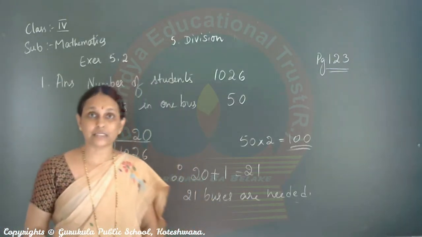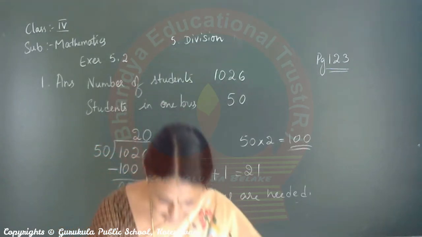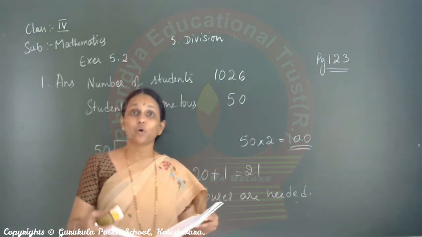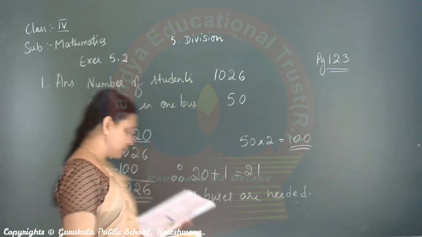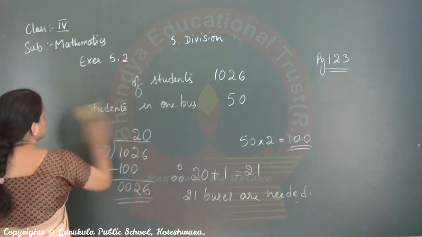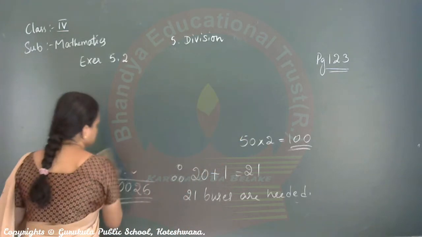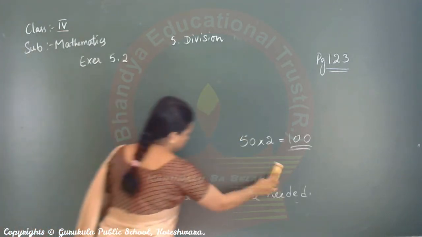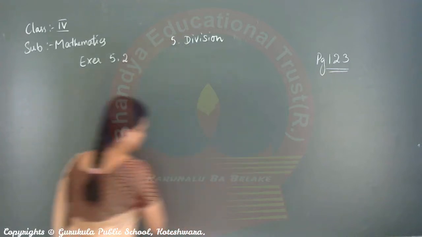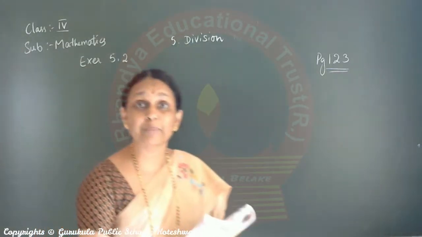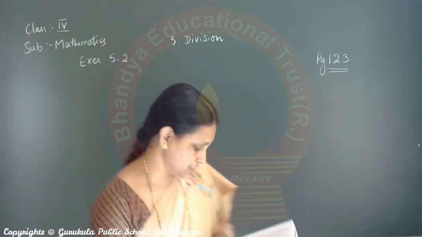I'll read out the next sum. Keep your finger on the sum. Yes. The product of two numbers is 9300. What is product now? Answer of multiplication. Right? Yes.